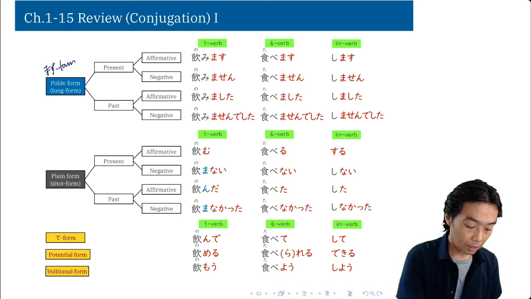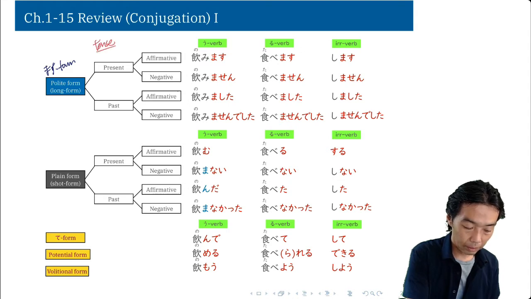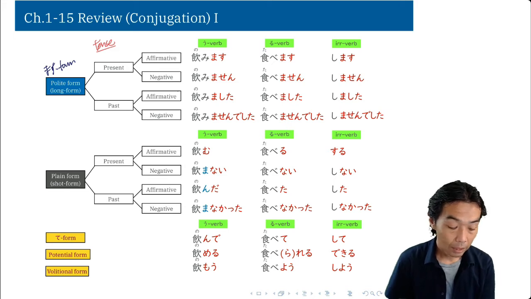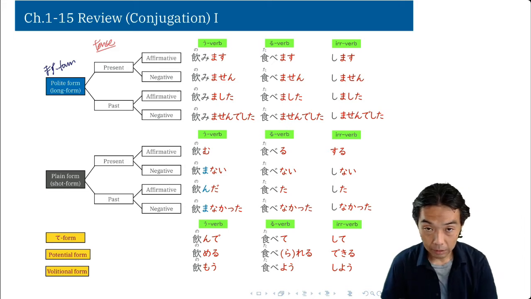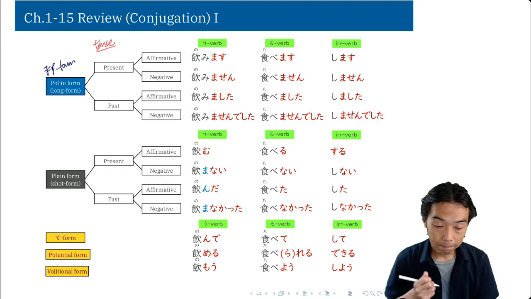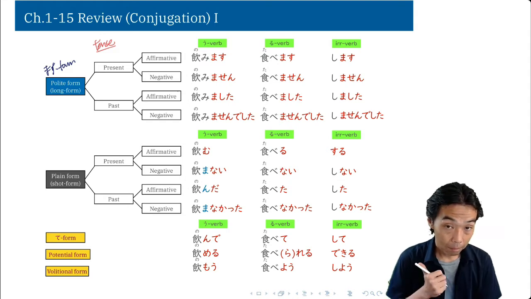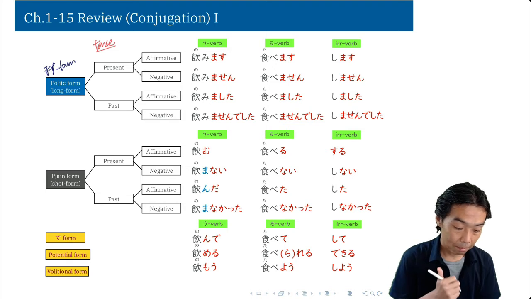In Japanese, there are only two tenses. We have only present and past. So there is no future in Japanese. In English, you have present, future, and the past, but in Japanese there are only two tenses, present and past, and usually present indicates the future as well.